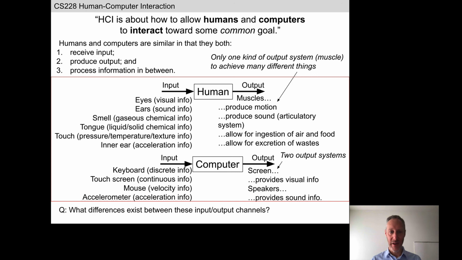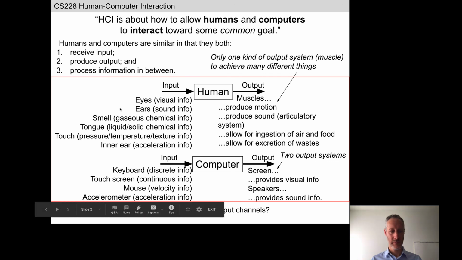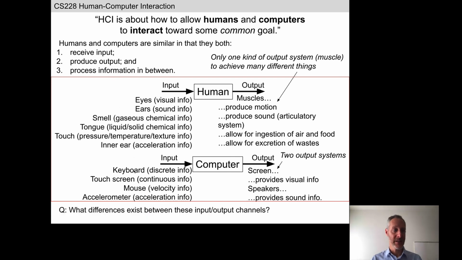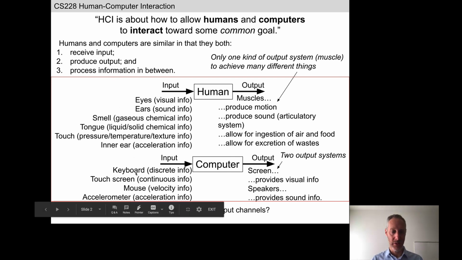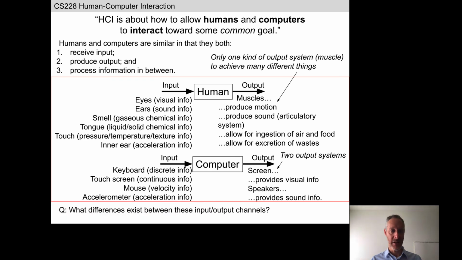Not differences in the devices themselves, but the way that humans or computers use their input devices. Computers almost exclusively take data from humans. That's true. Yes, exactly. That's not necessarily true for us.